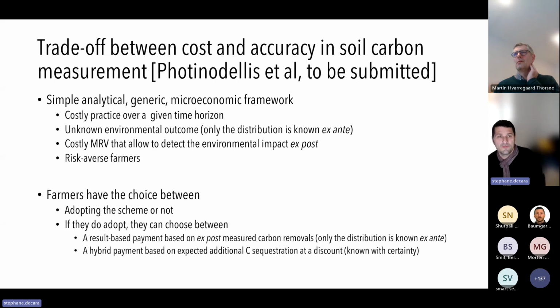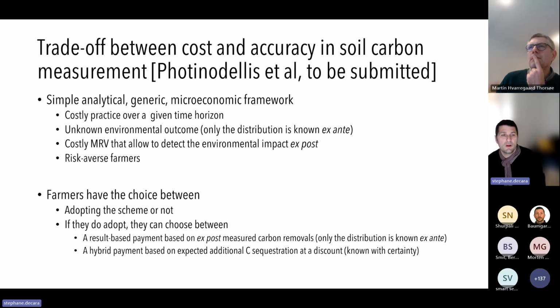At the time of the decision whether to join the scheme or not, you only know the distribution and not the effective outcome at the end of the time horizon after the 10 years. There is costly MRV that allows detecting the environmental impact, but only ex post. So you know after 10 years what has actually been achieved in terms of carbon sequestration. And we introduce, and that's an important part, risk-averse farmers.